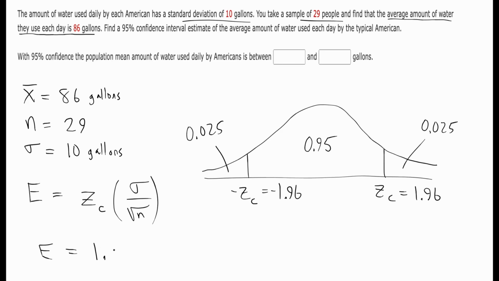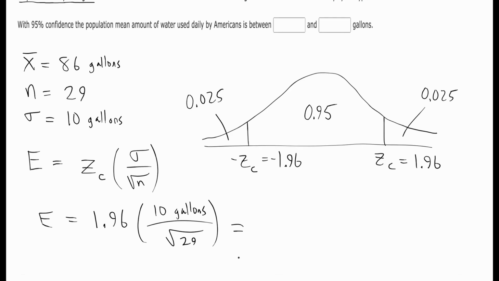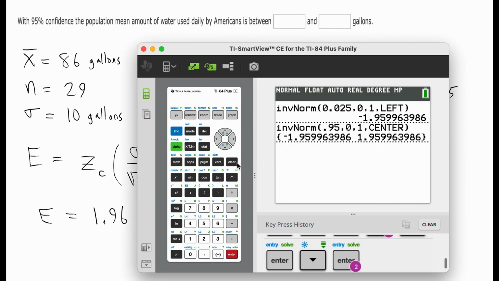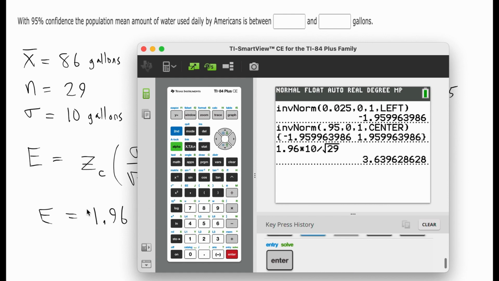So we'll just plug in 1.96, our sigma of 10 gallons. We'll divide by the square root of 29. I get 3.64.